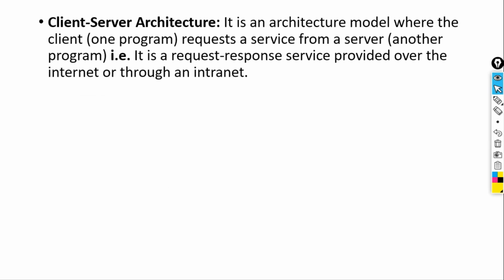Now, client-server architecture. It is an architecture model where the client, one program, requests a service from a server, another program. That is, it is a request-response service provided over the internet or through an intranet.